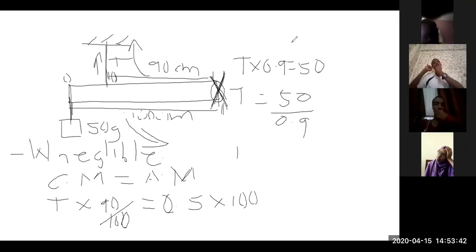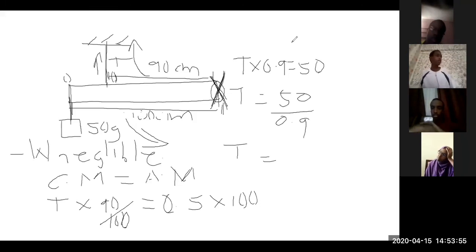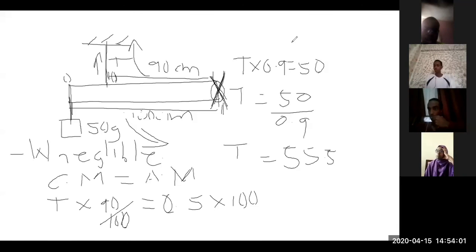If you calculate that, you get 55.5 recurring, 5555. I said you just show the whole value first, then you round off to 2 decimal places: 55.56 Newton.